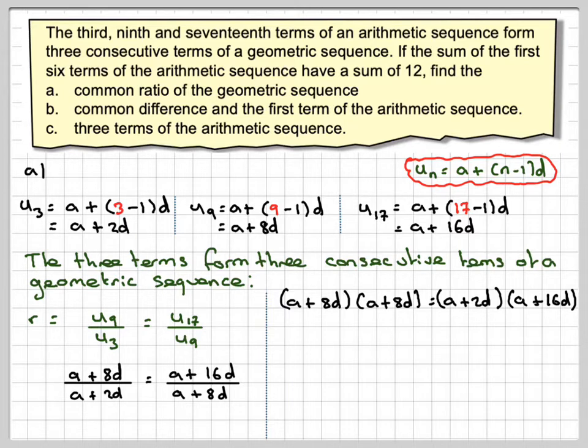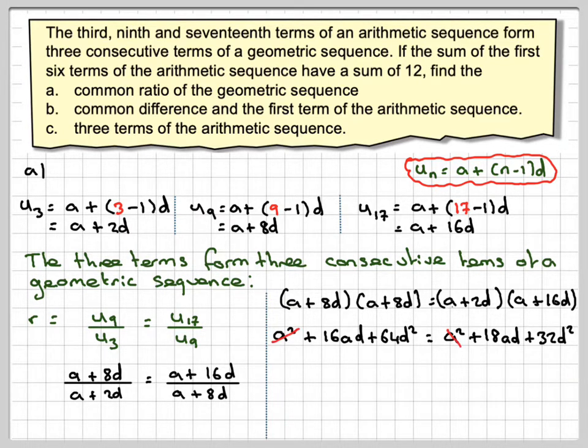So we're going to get a squared, plus 8ad and plus 8ad, which gives you 16ad, plus 64d squared. And here we have a times a, which is a squared, plus 16ad plus 2ad, which gives you 18ad, plus 32d squared, 2 times 16d squared.